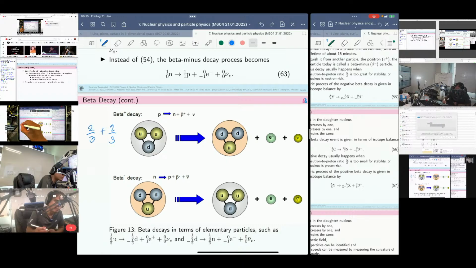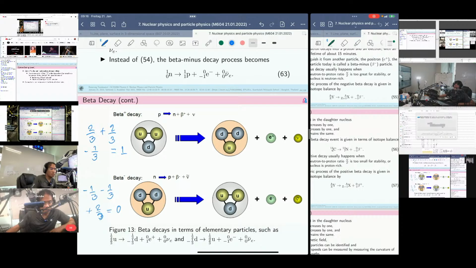So if you combine these 3, it's going to be equal to 1, right? And for the neutron, you have minus 1 by 3, minus 1 by 3, and plus 2 by 3, so you get 0. So the neutron has no charge in this setup, and the proton has 1 charge from the calculation of each quark component.